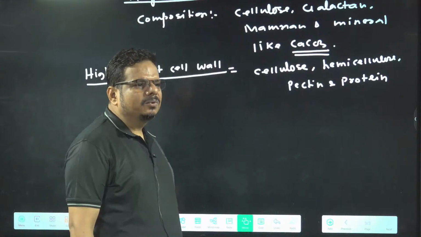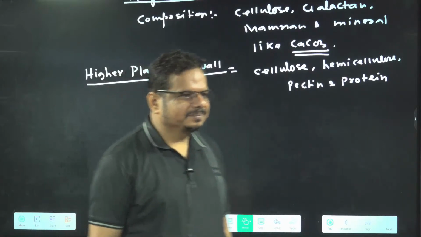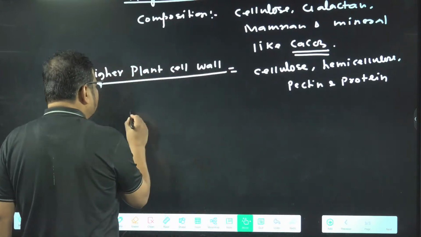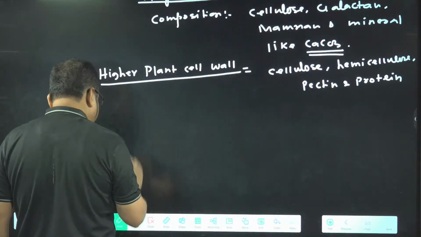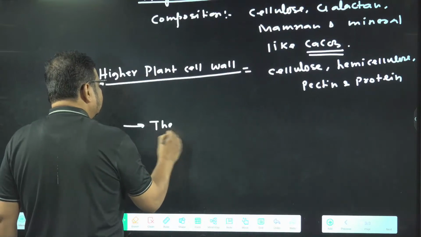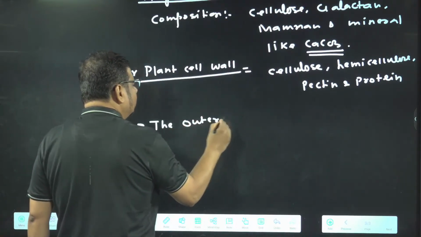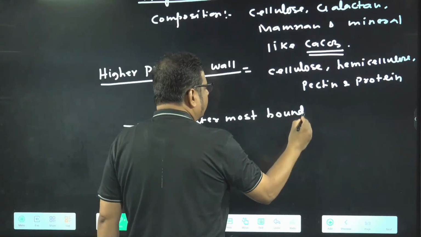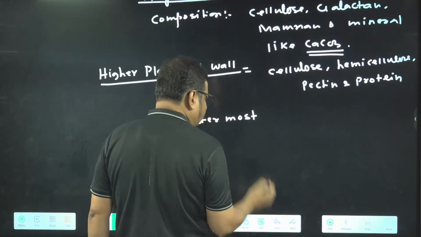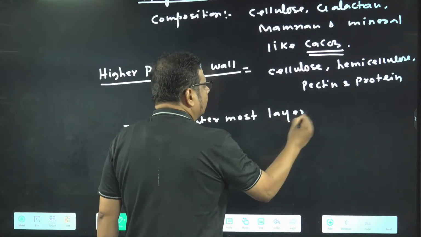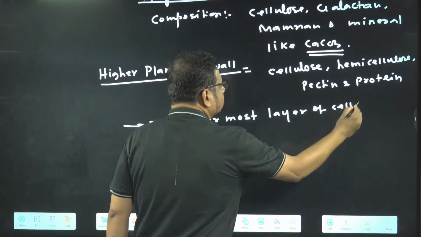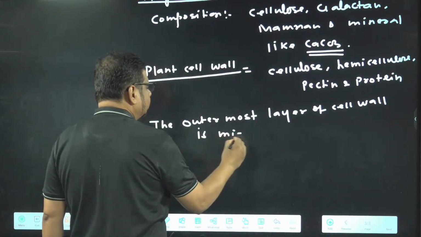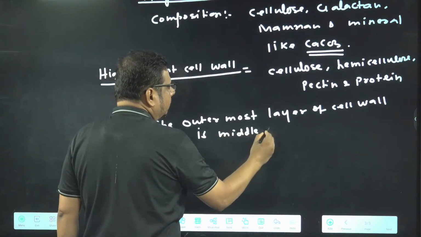I am telling you how the cell wall is forming. If we talk about the outermost boundary, or better to say the outermost layer of the cell wall, it is the middle lamella.